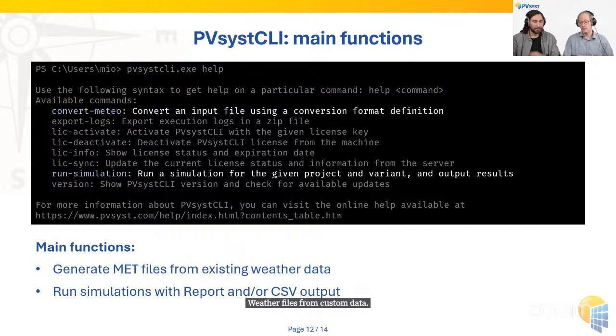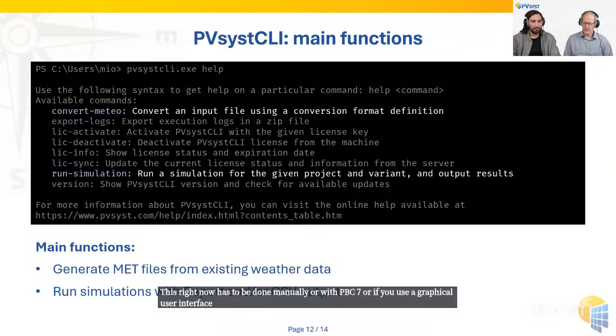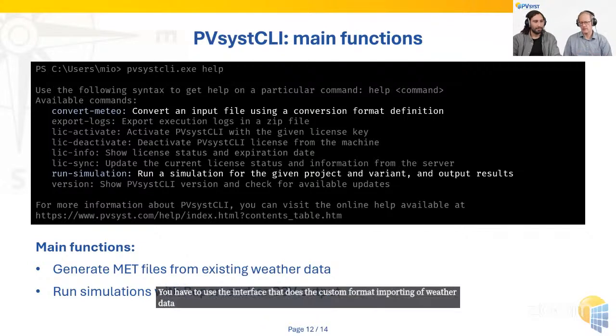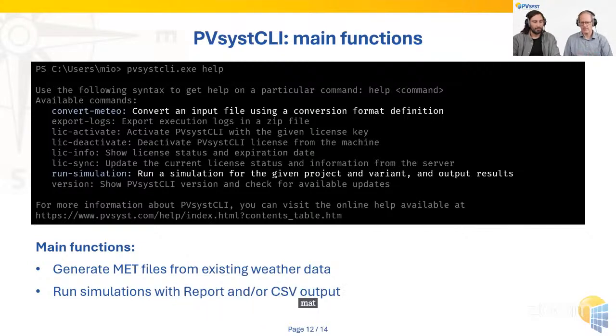So import data converted to the PVsystCLI internal format so that you can use it for a simulation. This right now has to be done manually or with PVsystCLI 7, or if you use the graphical user interface, you have to use the interface that does a custom format importing of weather data and which generates then the .mat files. And this can now be done automatically with the PVsystCLI.